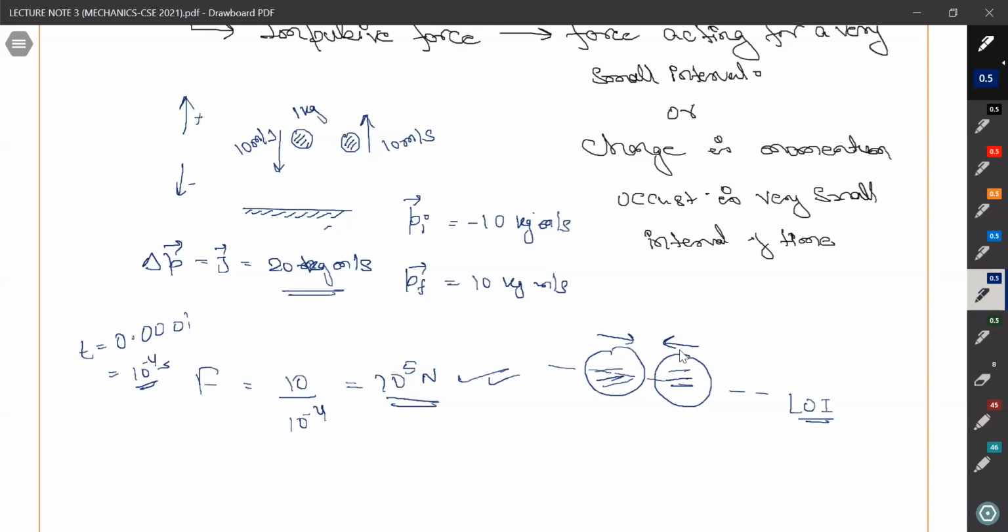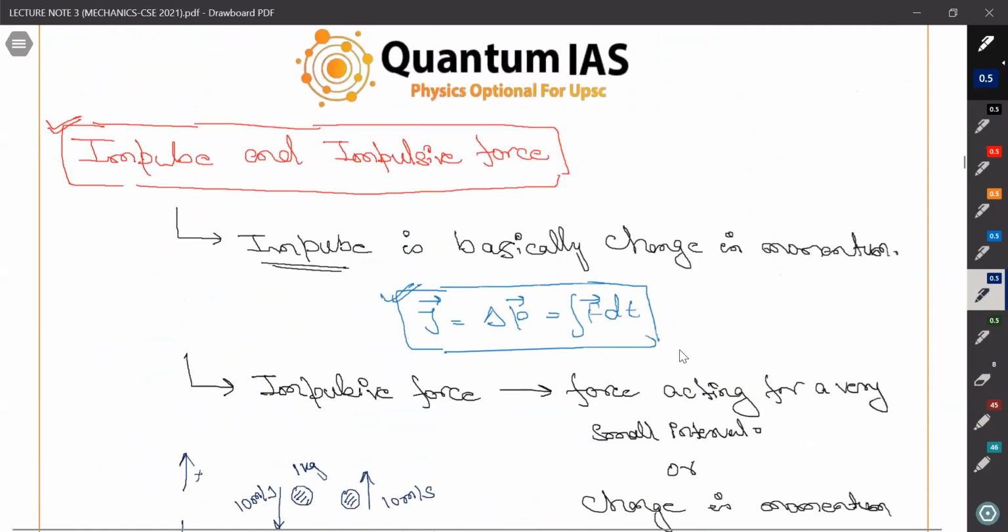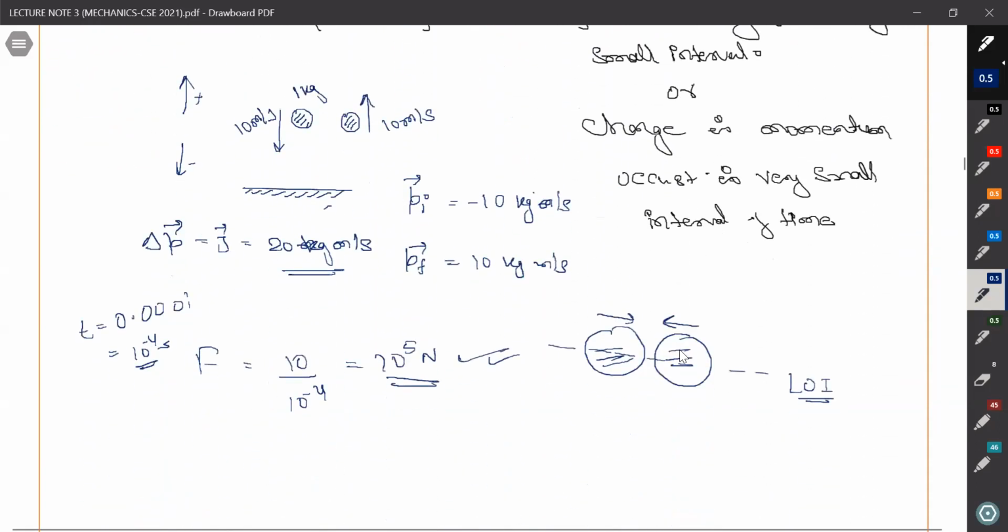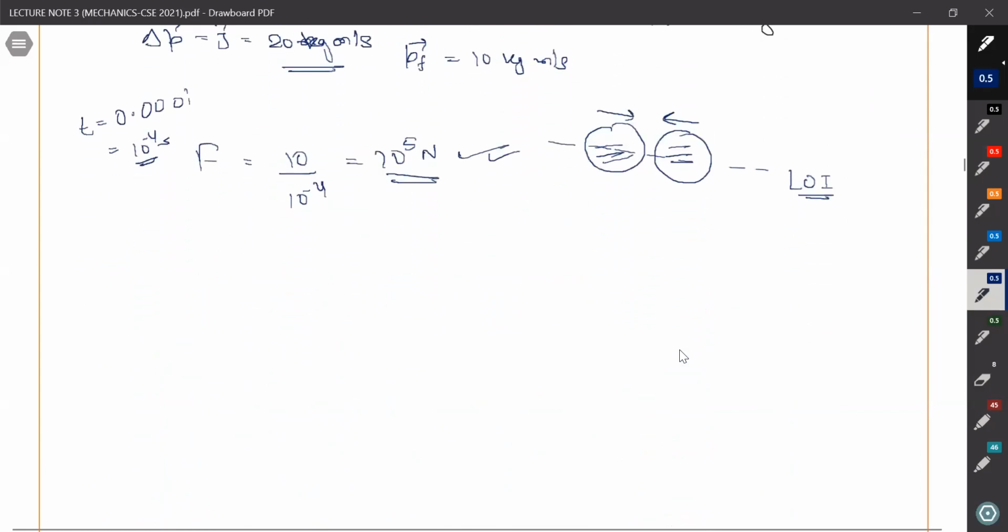And what we try to do is decrease the impulsive force in due course of time. Okay, so this is all about impulse and impulsive force. I hope it's clear for you. But you have to note down impulsive forces are of very great order.